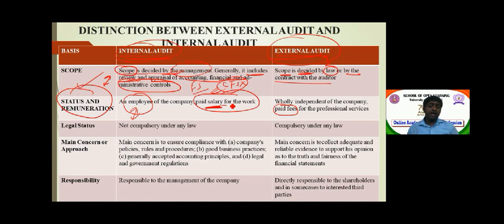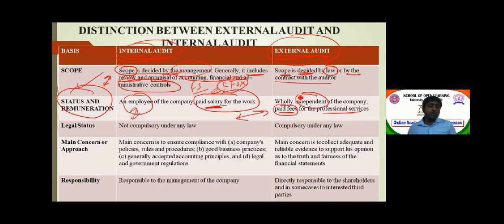But if I am giving my professional services as an independent auditor, I am going to decide what is to be done, and in exchange for that service, I'll be getting fees for the professional services that I am rendering. Since I am working as an independent person, of course I'm not going to get the salary.